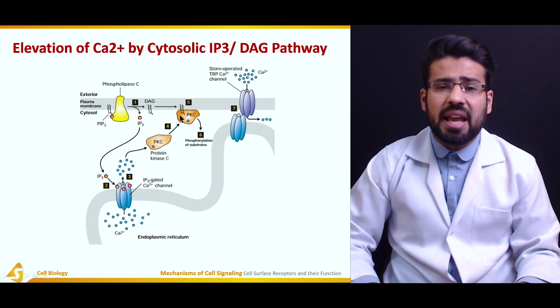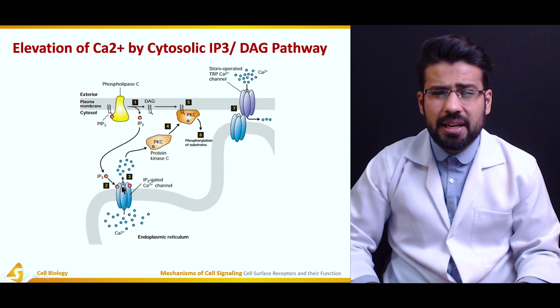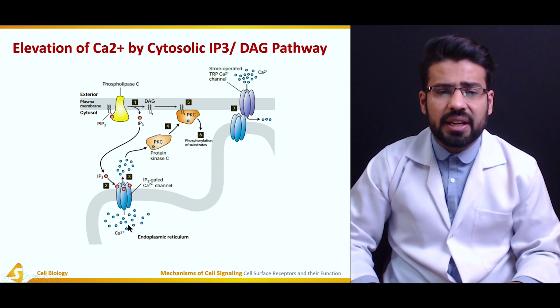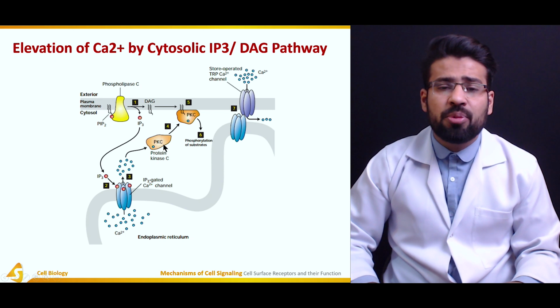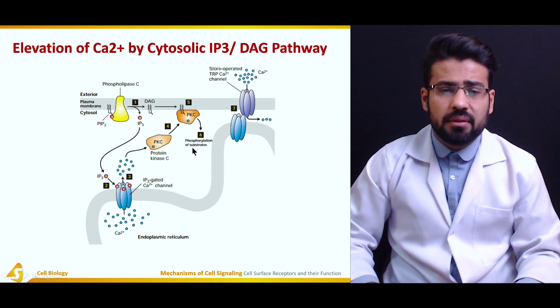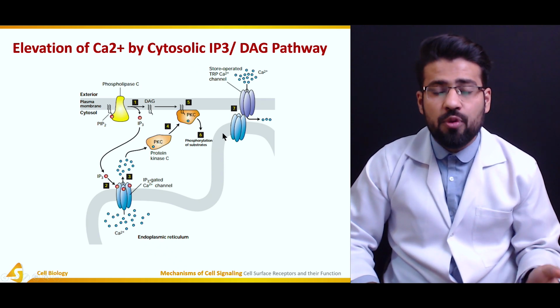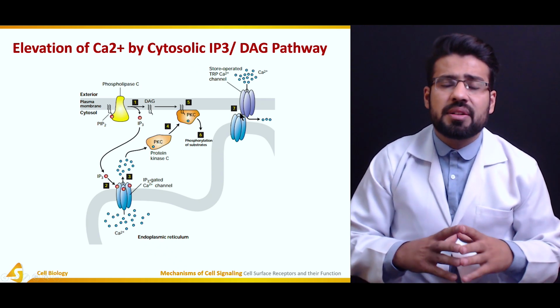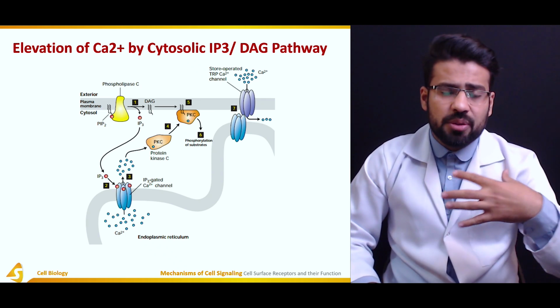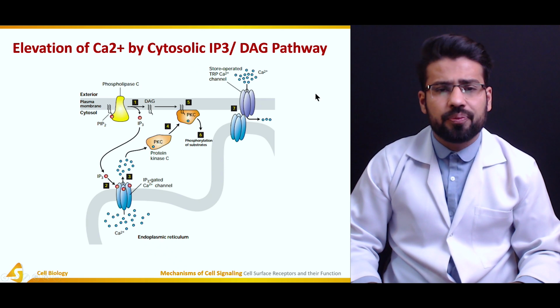Diacylglycerol is then going to cause the activation of the PKC along with the IP3, which then binds with the calcium channel, resulting in the release of calcium. This calcium binds with the protein kinase C, and this resulted in the activation of the phosphorylation of the substrate. These, of course, then move towards the membrane, where it resulted in the opening of the calcium channels, and the calcium levels got elevated.